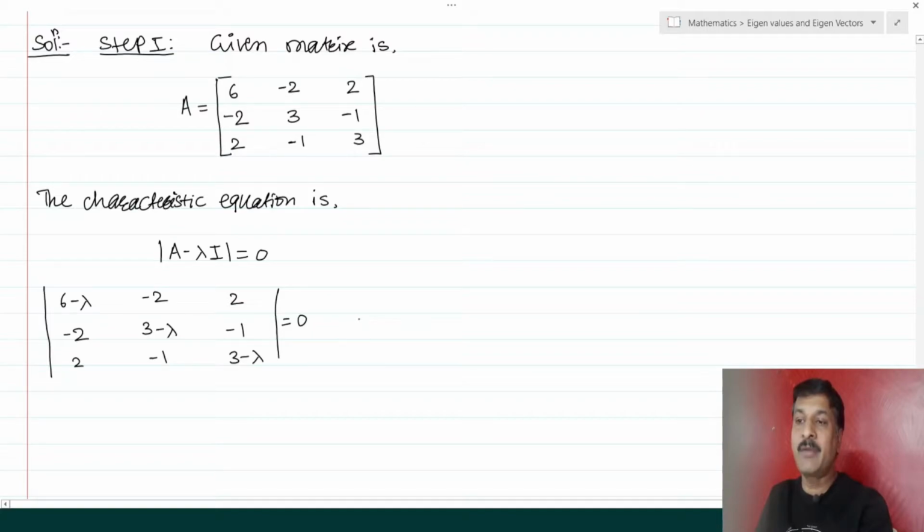So what is the formula for this? We know the formula. It is lambda cube minus s1 lambda square plus s2 lambda minus determinant of A equal to 0.